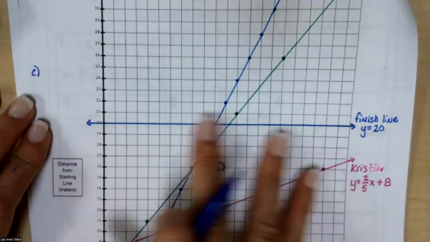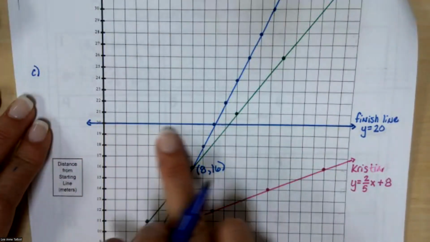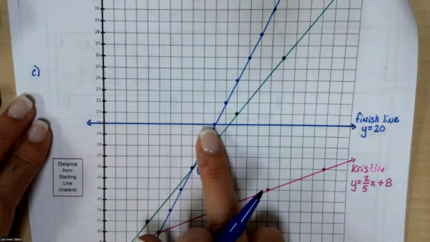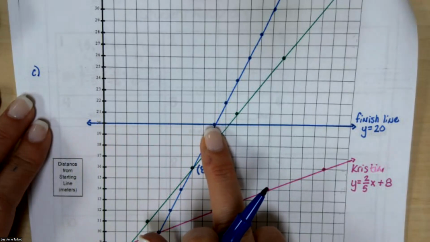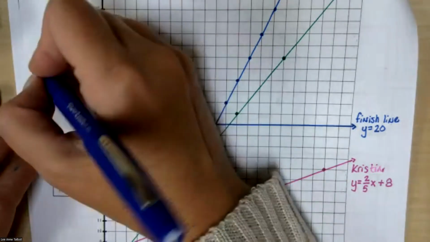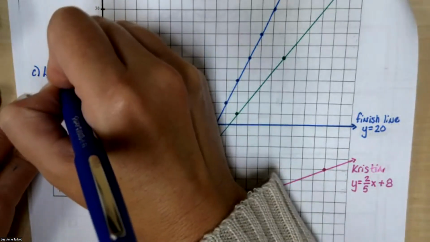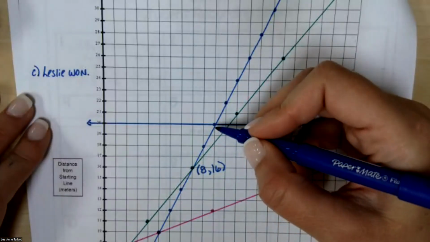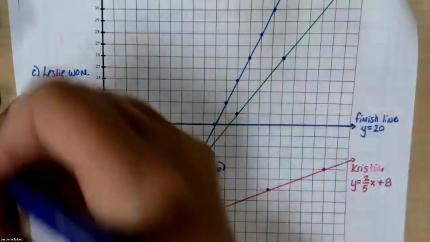Okay, now which line crossed the finish line first? Leslie. Leslie won. How many seconds did it take her to win?